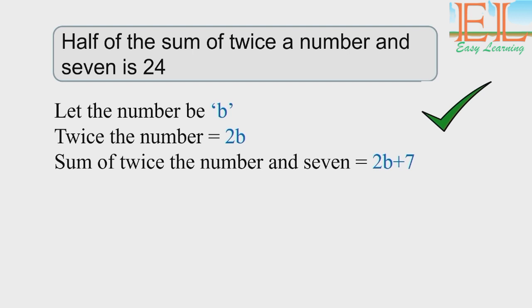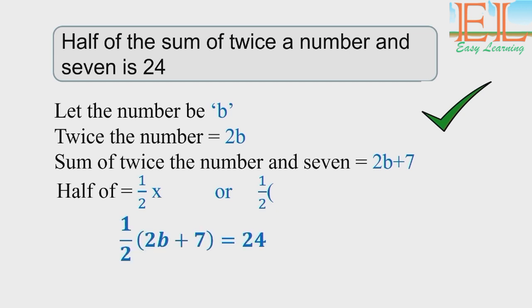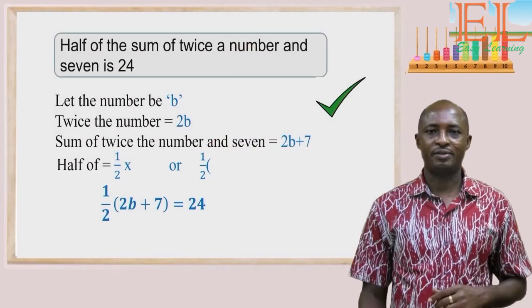And now half of simply means half times, or half into brackets. So finally I have half times 2b plus 7 is equal to 24. Isn't that what you got? You've done very well. Now let's look at another one.